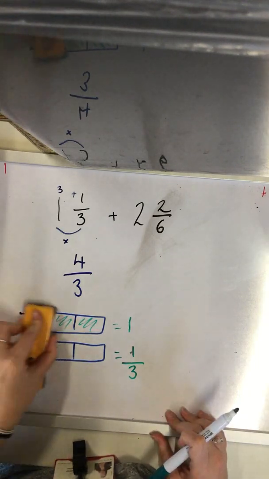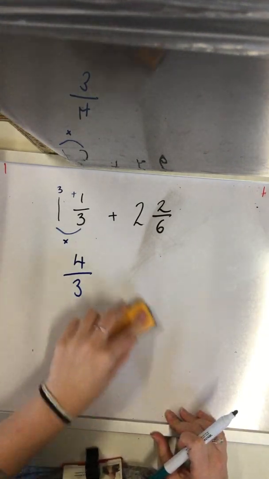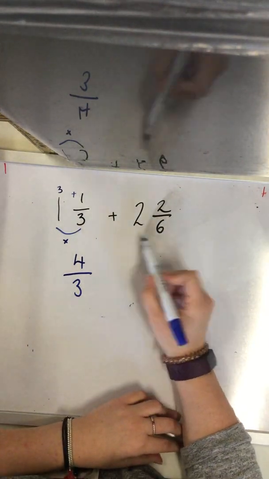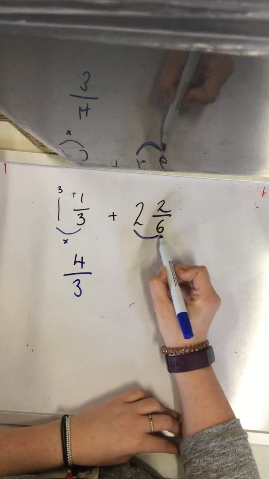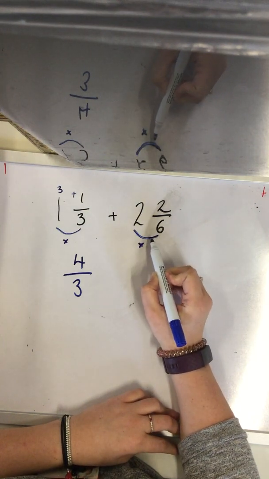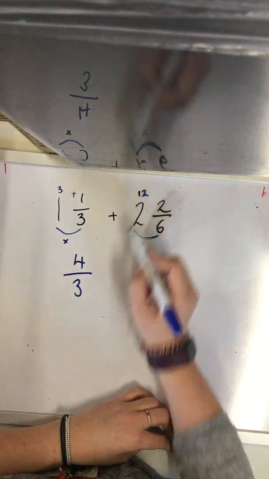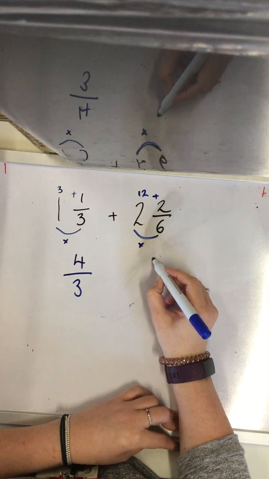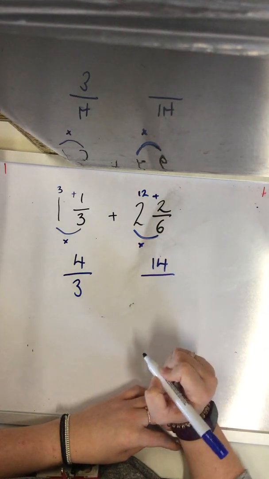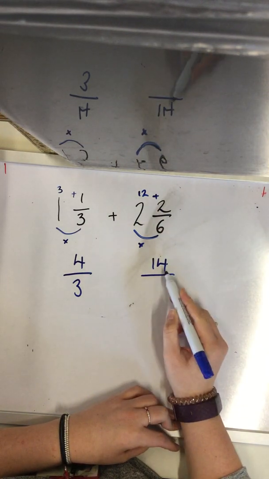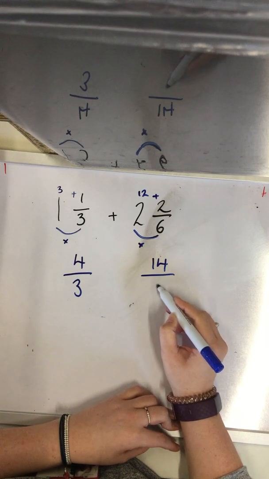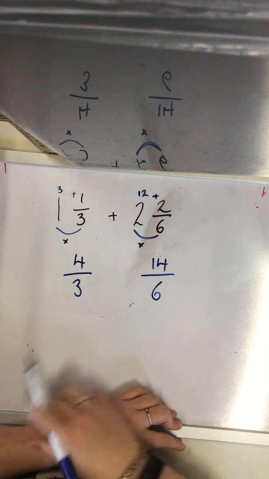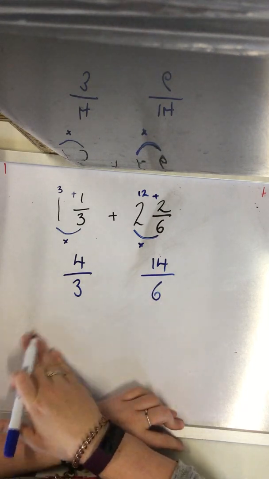They all represent the same thing. This one over here then, same as what we've done over here. We're going to do 6 times 2, which will give me 12. And then 12 plus 2 gives me 14. And I keep my denominator the same, which is 6. So I can work with these now. These are okay to work with.